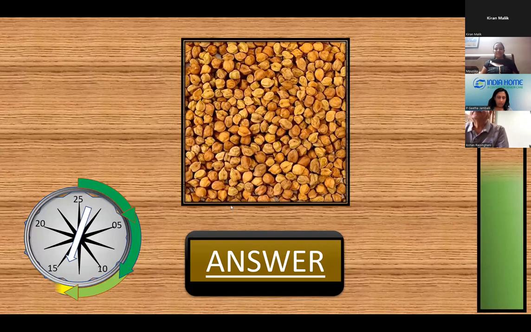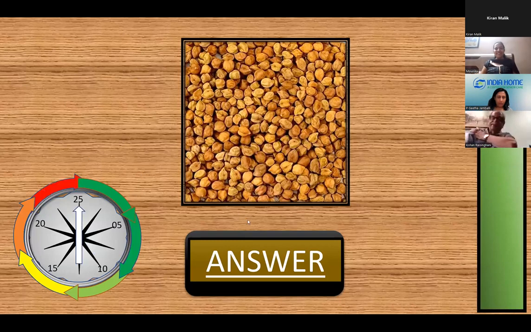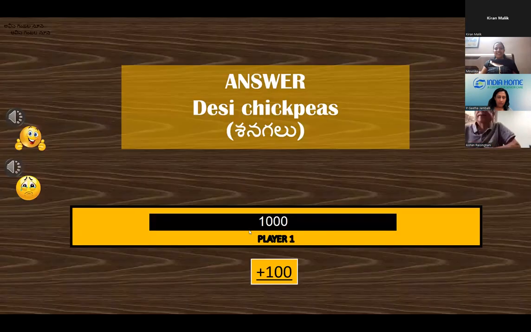Chota chana, chota they call it. Red chana. Oh my God. Desi chickpeas. Yeah. This is a teaser, Dr. Rao. Yeah, it is chana, that's what I said. Black chana, but these are small. Dr. Rao is just playing with our brains. Desi chickpeas.